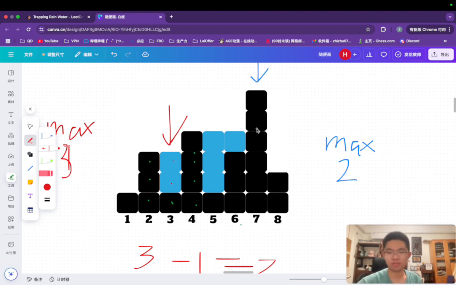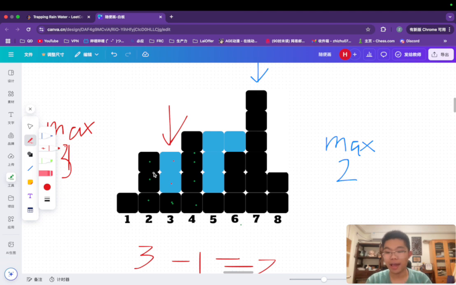Let's think about it from the opposite direction. What if, in the third position, we know the highest one on its left hand side is 3. So what if all the heights on its right hand side are smaller than 3?